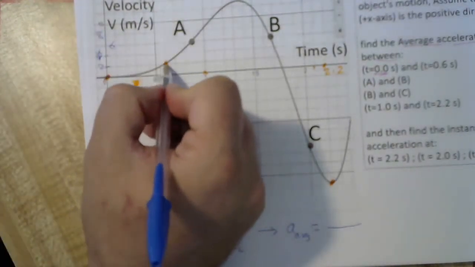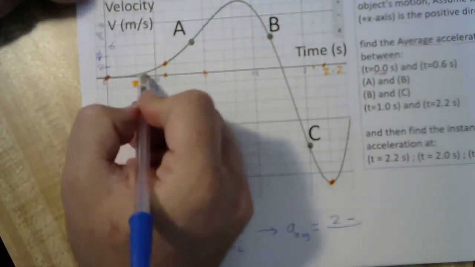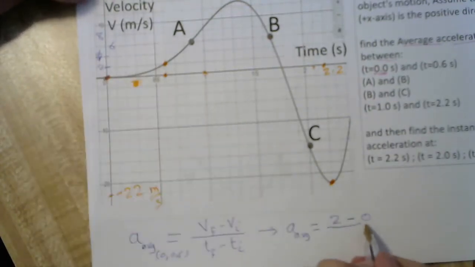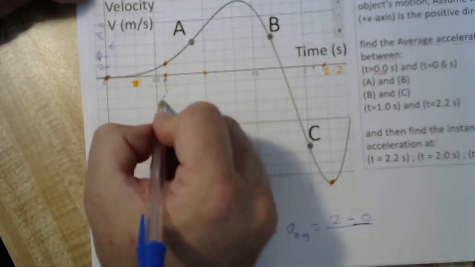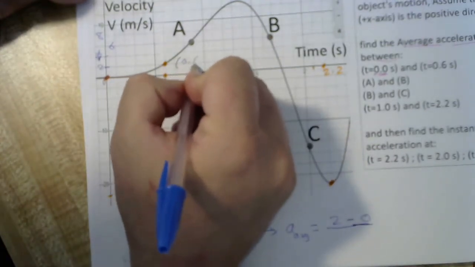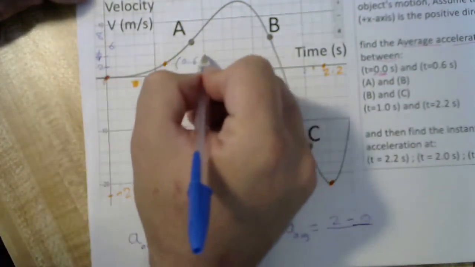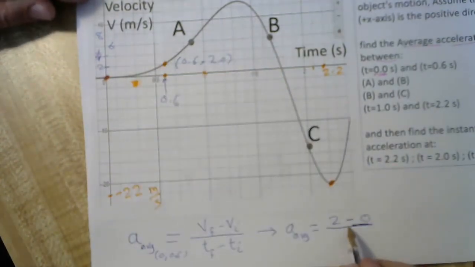So the final velocity is 2 minus the initial velocity, which is 0. The time is 0.6.